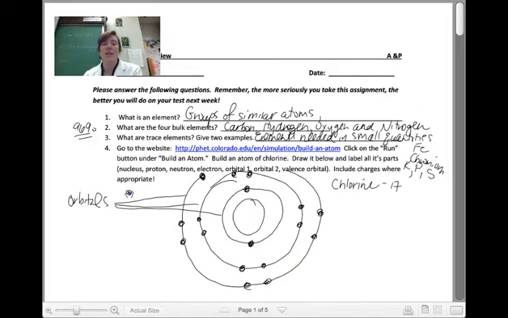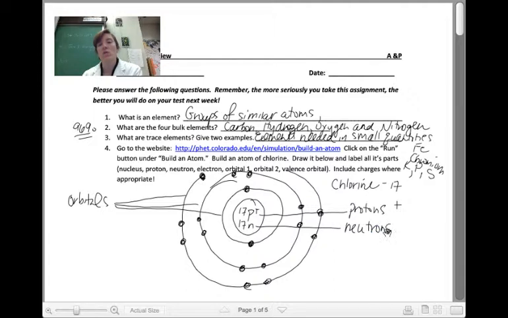Okay, and it says to label the parts, so we're going to put 17 protons and 17 neutrons, and I'll label that protons, and I'm going to label neutrons.